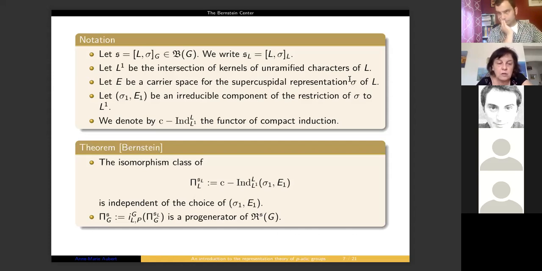And so we will pick sigma 1, E1, an irreducible component of the restriction of sigma to L1.